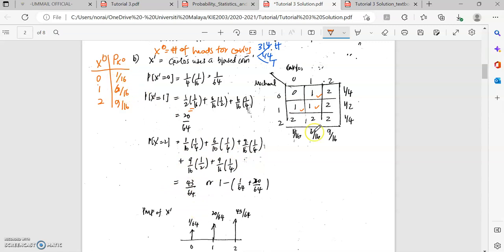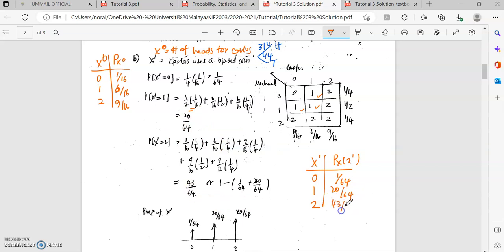So the outcomes for X prime are 0, 1, and 2, and the probability distribution has changed: 1 over 64, 20 over 64, and 43 over 64. Add them up, you should get 1. So you can draw the PMF of X prime as follows.